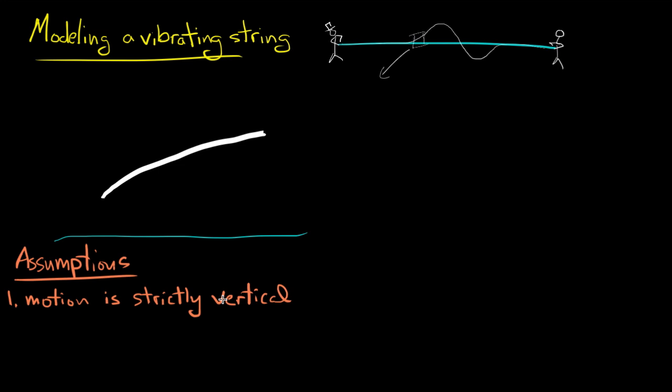Our next assumption is one that you're going to be aware of if you have ever gone walking in the woods and you walk through some brush and you push a tree branch aside and then you let go of it and it snaps back and hits the person behind you. The reason it does that is because the tree branch is resisting bending. If we were to take this string and replace it with some other material, like say a thin piece of metal or something like that, the segment would resist bending.